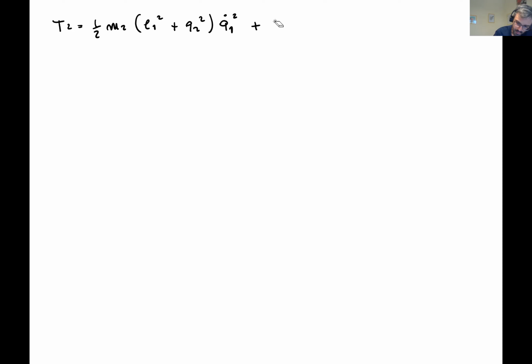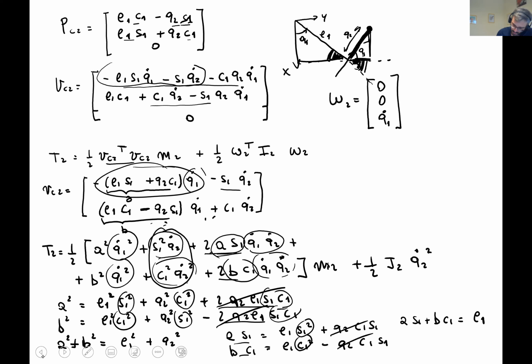So 1/2 M2 Q2 dot squared plus the term due to this, which is what was, sorry, yeah, L1, yeah, L1.